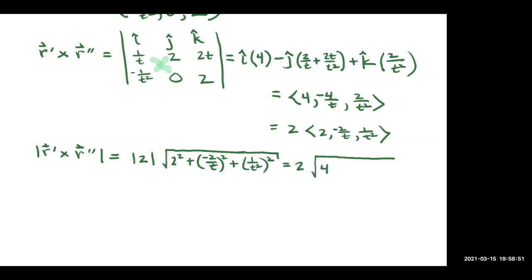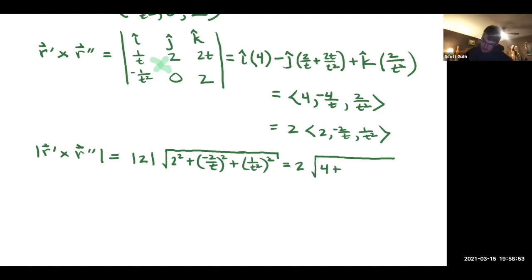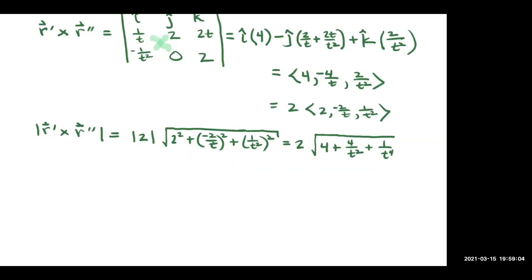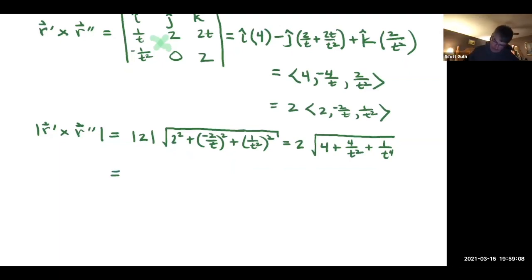We're going to have 4 plus 4 over t squared plus 1 over t to the 4th, like that. I have this funny feeling it's going to be 2 square root of a perfect square. What's the perfect square?